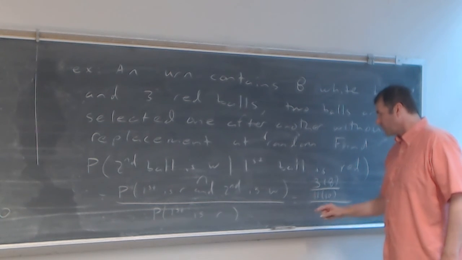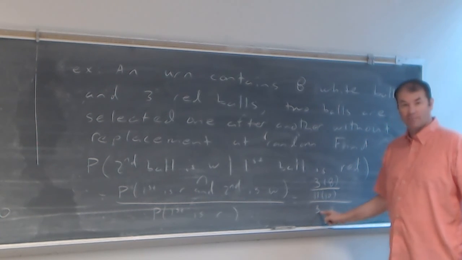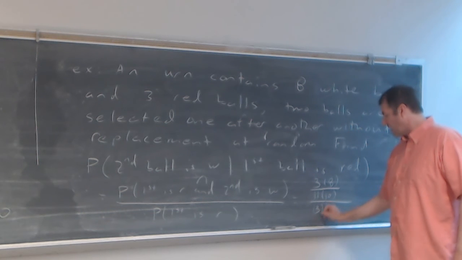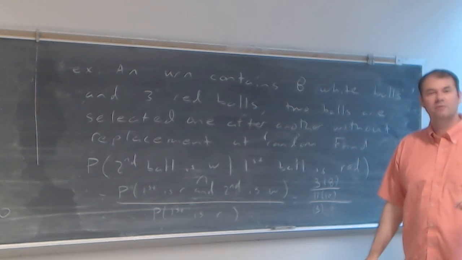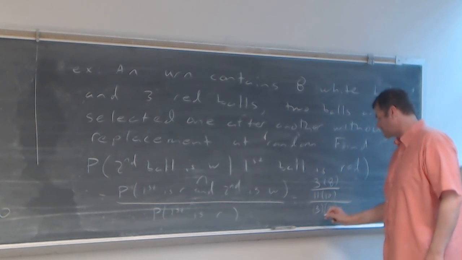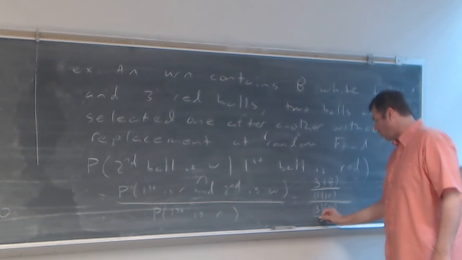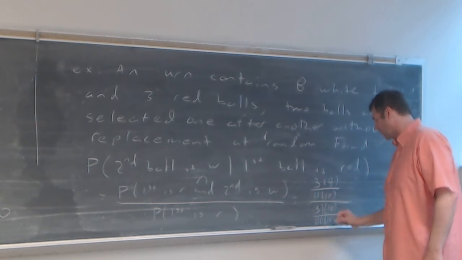All over the probability that the first is red. Well, the probability that the first is red is, how many ways can you pick a red ball in the first one? 3. And then you've satisfied the requirement that the first is red. So it doesn't matter what you pick on the next ball. How many ways are there to pick another ball? There's 10. And this would be over 11 ways to pick the first ball, and then 10 following that.